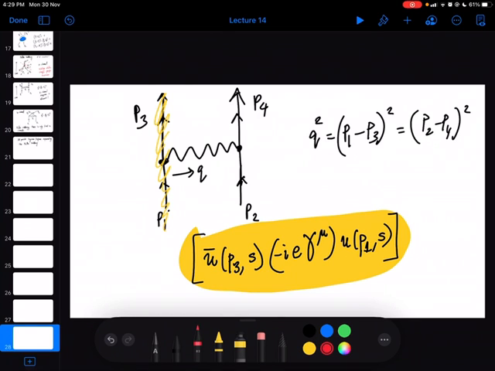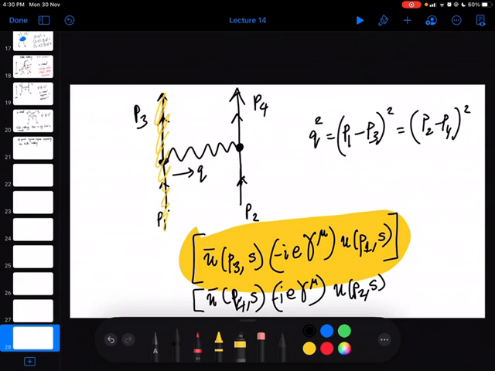Then the second part, the other part, comes from this part. So let me write that down. This is all again electrons, but with different momentum. So this would be u bar of p4 s, minus i e gamma, because it's the vertex which has an i e gamma factor, and then you have u of p2 s.